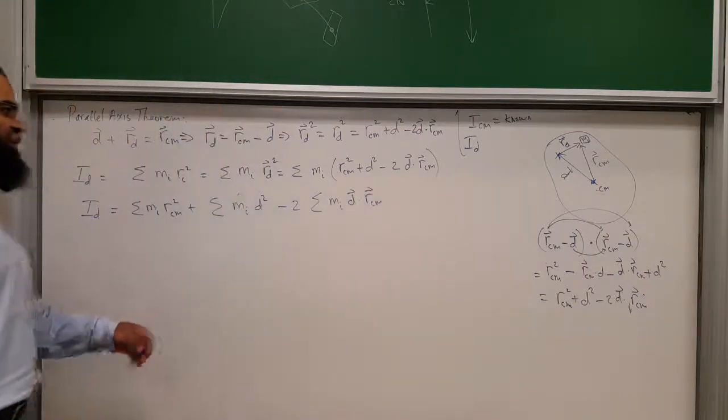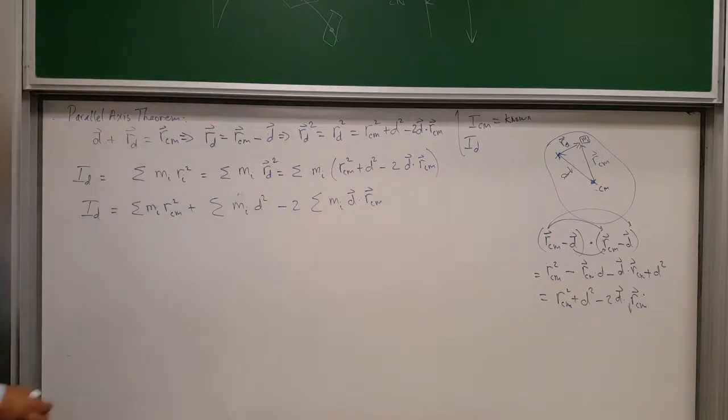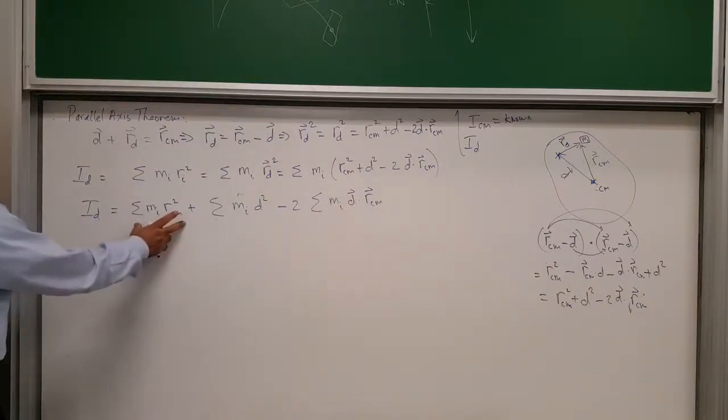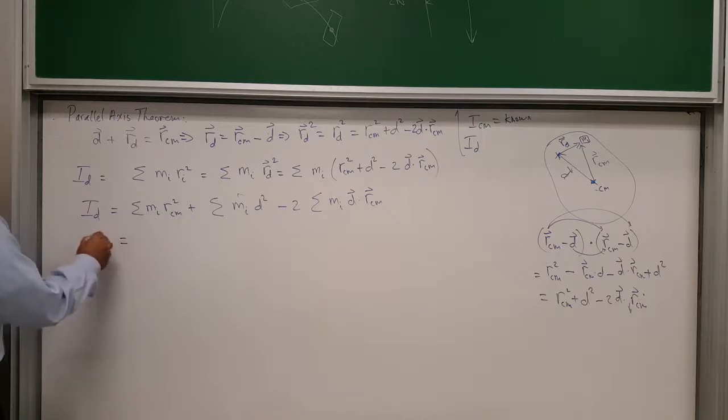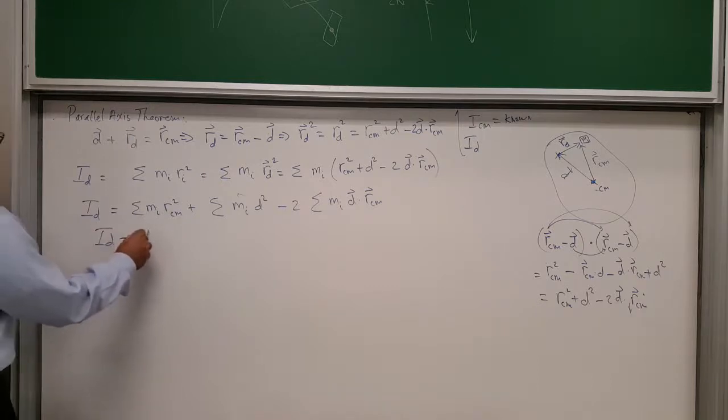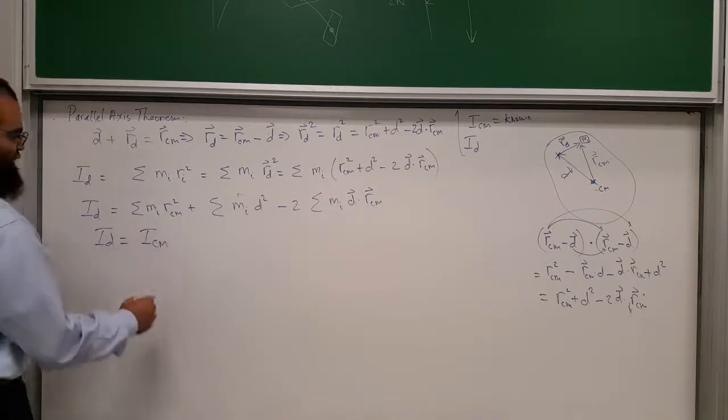That's the distance of each mass to the center of mass. Now, this first term is the moment of inertia about the center of mass by definition. That will be I center of mass.